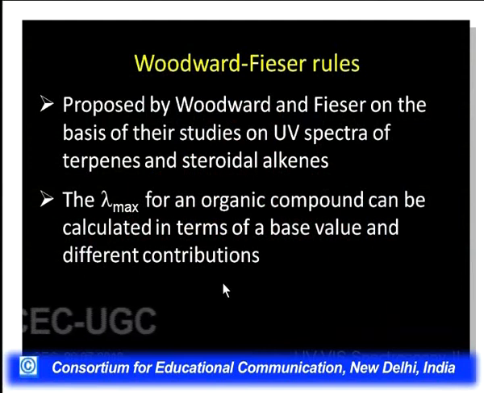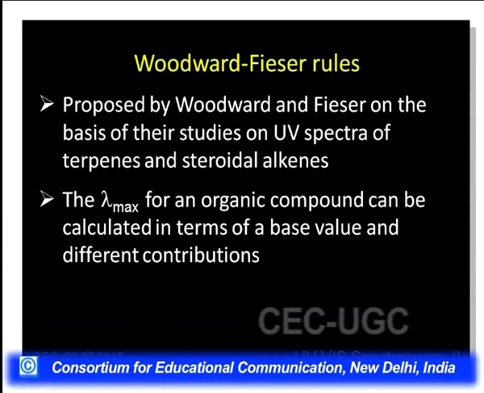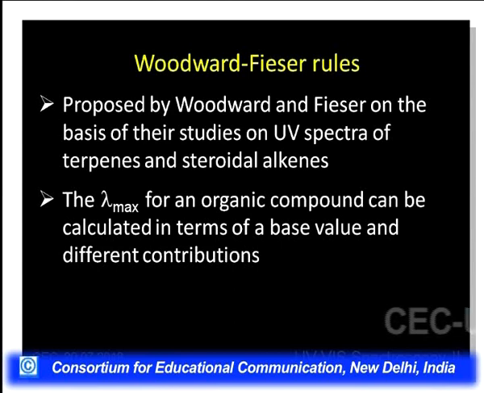What they basically proposed is that for any chromophore, for example a diene or enone, if there are different substituents, we can work out in what way they affect it. We have seen that effect a short while before.